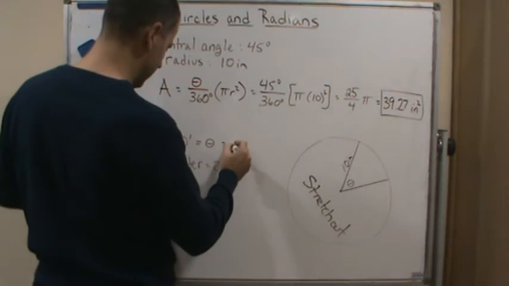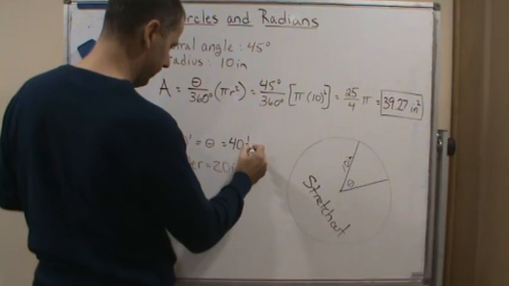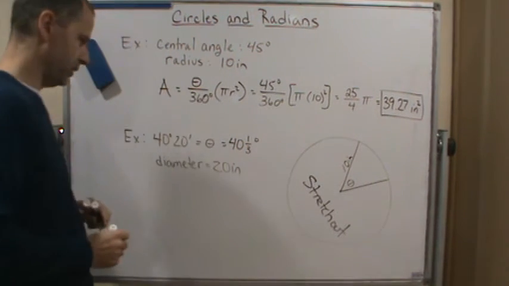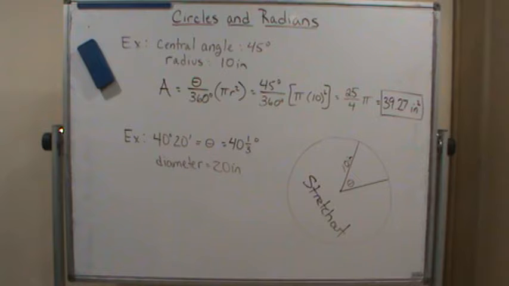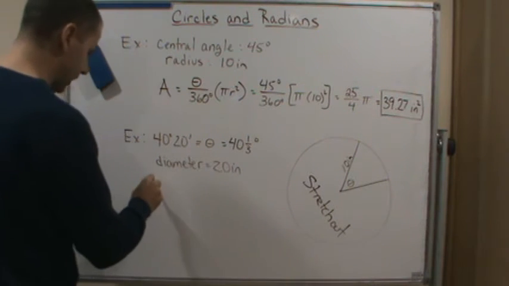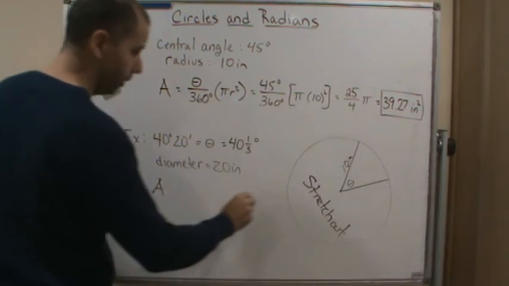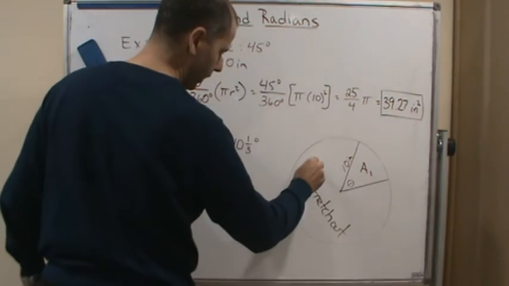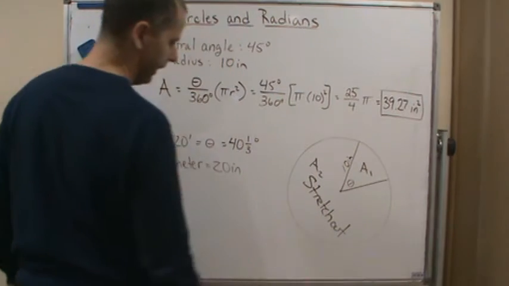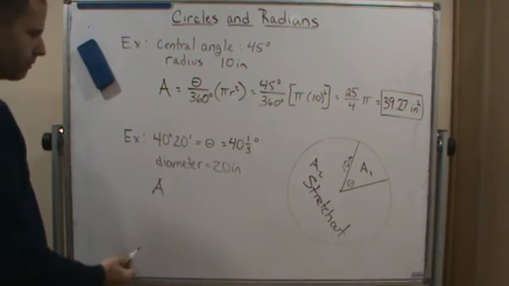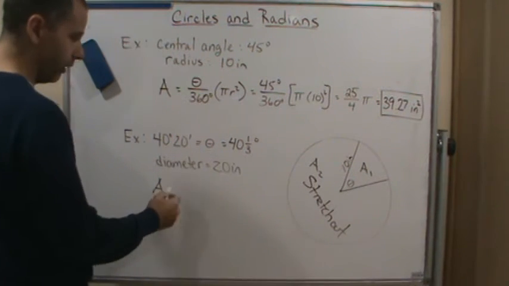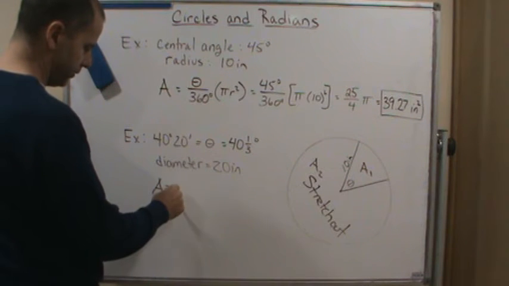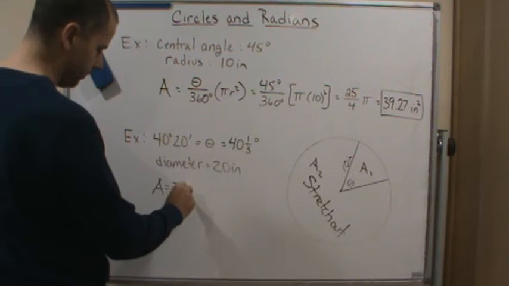So this is equal to 40 and 1/3 degrees. Now we'll call the area of the sector A1, and we'll call the stretch out A2.